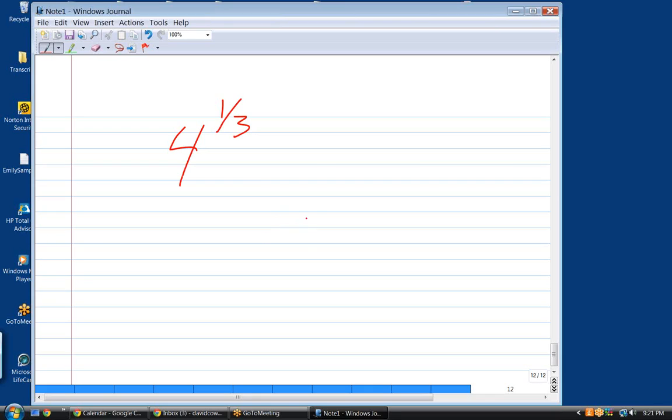So if I had 5 over 4 to the 1/3, what do I have to multiply the bottom by? What exponent will turn this into a rational number? It's a little tricky. It's 2/3. That turns the bottom into 4, because it becomes 4 to the 1 power. Multiply the bottom by 2/3, we have to multiply the top by 2/3.